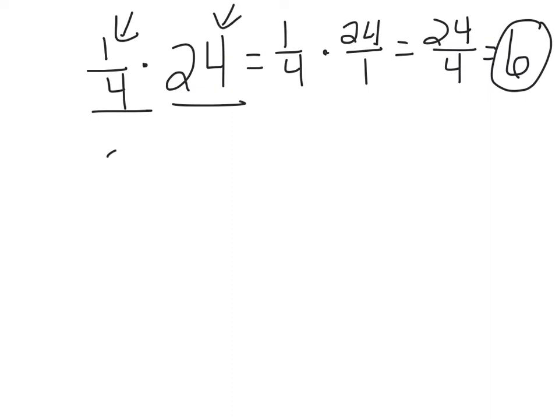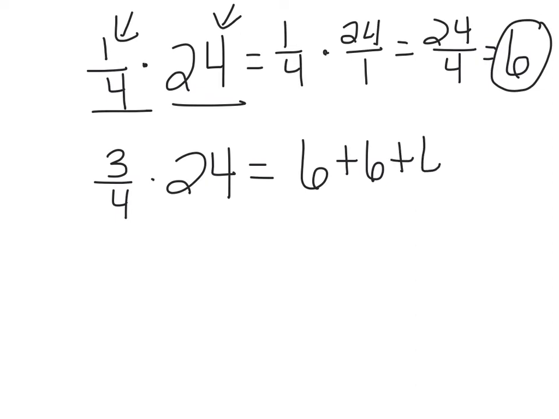And if we made that 3/4 of 24, we would still end up with a whole number as the product, because we know that 3/4 of 24 would be 6 plus 6 plus 6, which would be 18, because we would have 1/4 and 1/4 and 1/4.